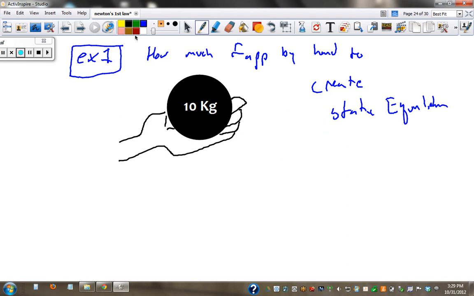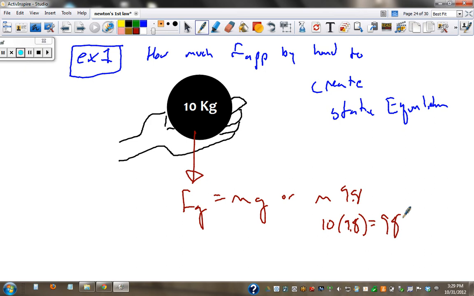Here's the answer. Well, I need to match force gravity. Mass times g, or mass times 9.8. 10 times 9.8 equals 98. So applied force from the hand equals 98 newtons.